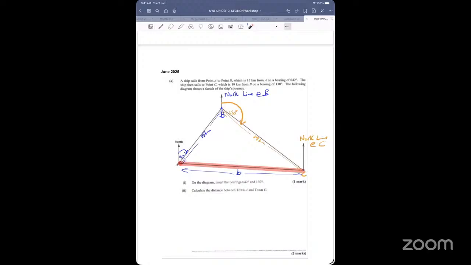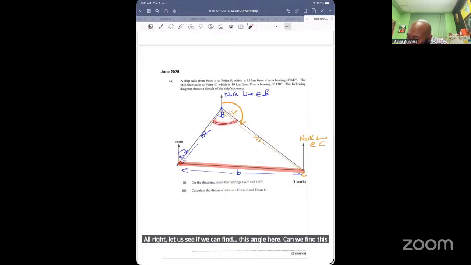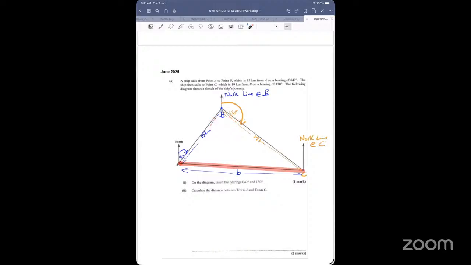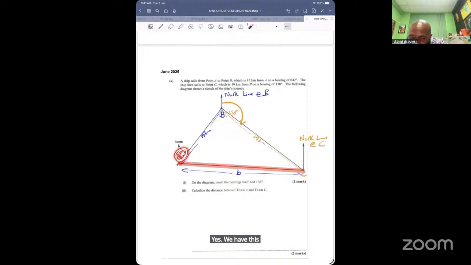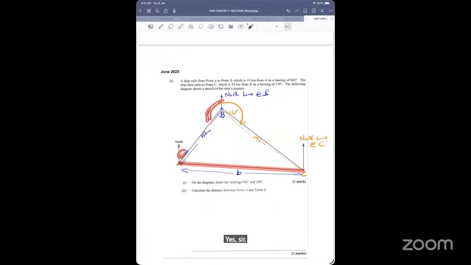All right, let us see if we can find this angle here. Do you think we can find it? Yes, sir.